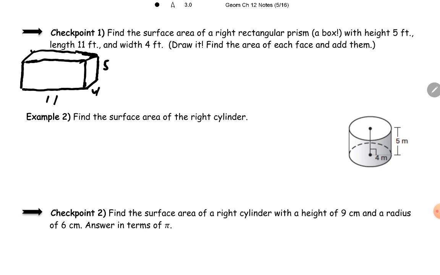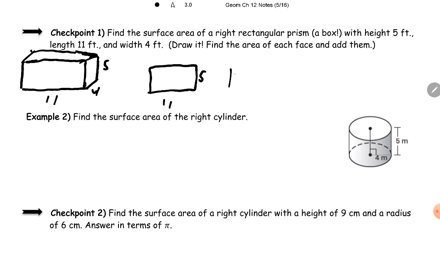So with a box, you can make any side your base. But basically what happens is we have two 11 by 5s.